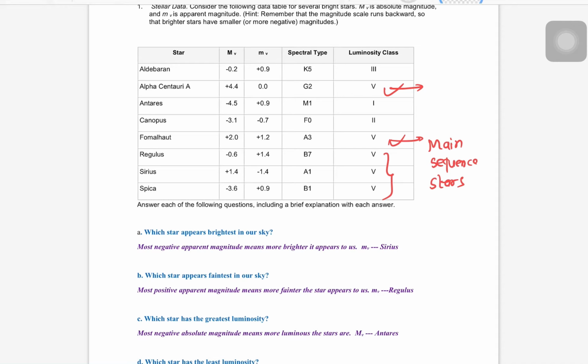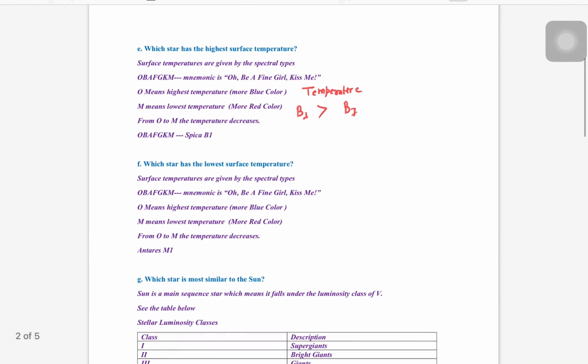But all other stars, for example Aldebaran, Antares, Canopus, are not main sequence stars. What does that mean? That means they have almost lost their lives, or in other words, they have almost burned their fuel.